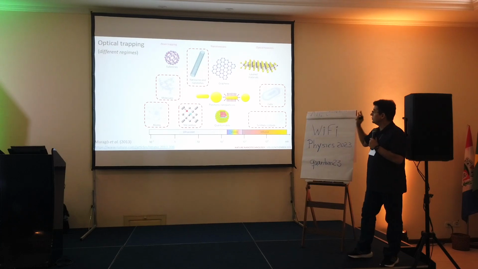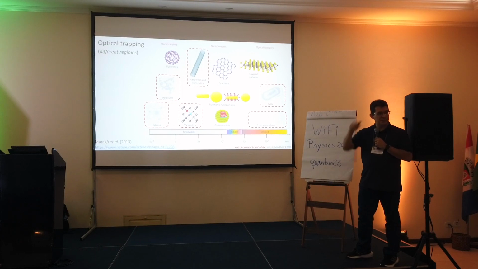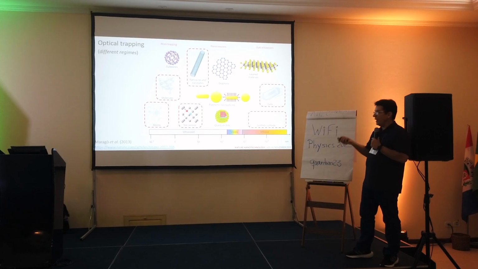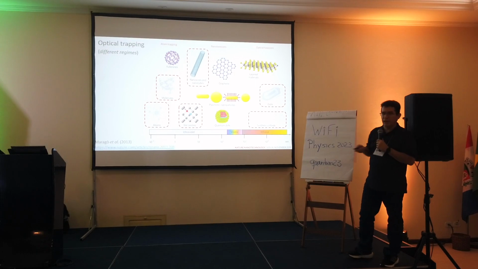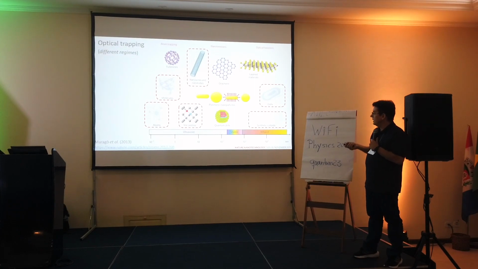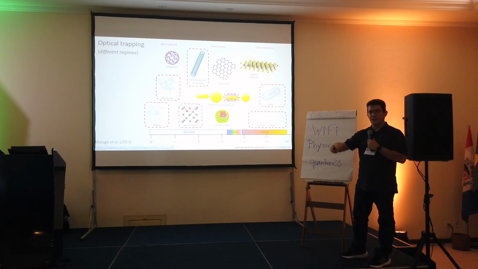This slide is mostly to show you how versatile the tool is to trap small particles. And then you start to understand why this is an important technology for this community. Because if you want to control and manipulate small, nanoscale things, down to atoms or ions, or even perhaps smaller depending on the technique you use, but I would say atoms, you can use light. And not just that, you can use the interaction with the light to manipulate and control your system.